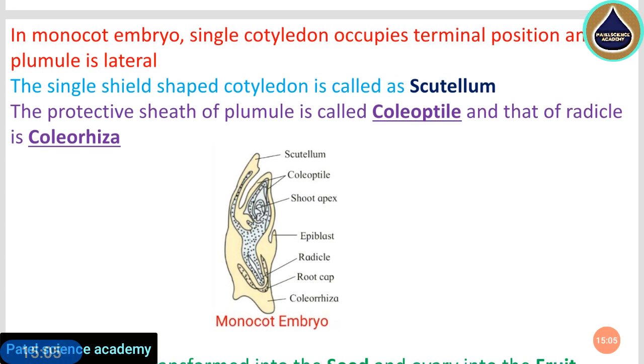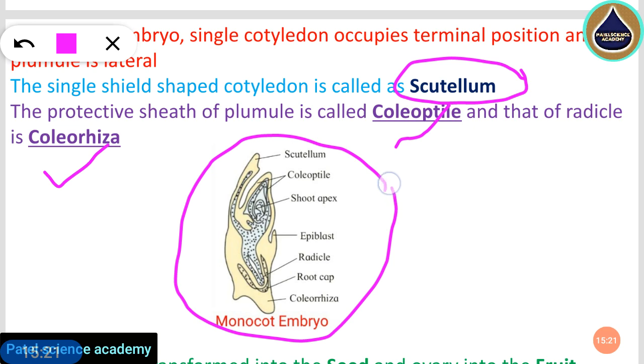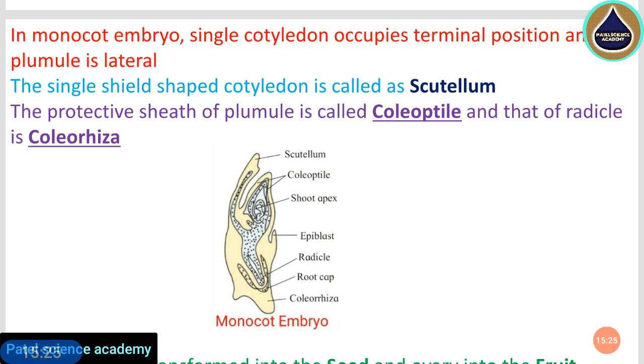The single shaped cotyledon is called scutellum, and the protective sheath of the plumule is called coleoptile, and that of the radicle is called coleorhiza. So likewise, in this structure of the monocotyledon plant, you can see these changes here.